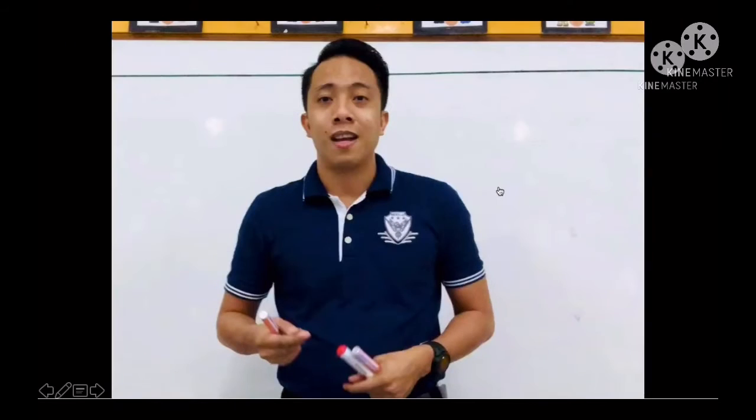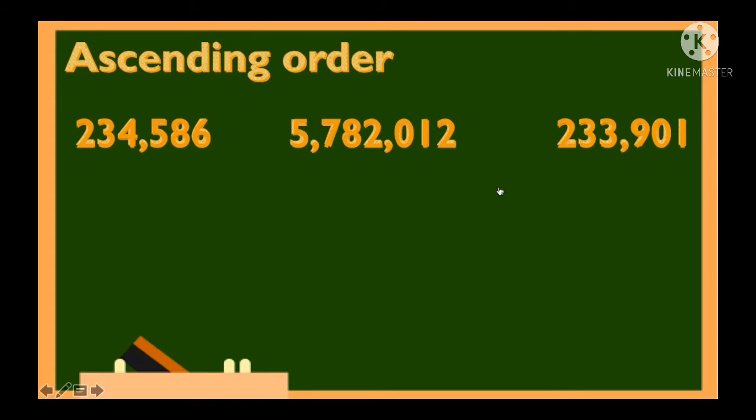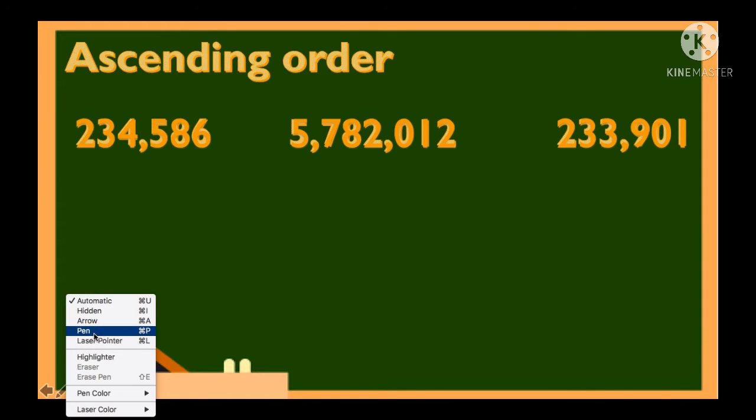Ready? Alright, thank you Teacher JP number 2. Now, let us have some examples about that one. First is in ascending order. So we have here 3 numbers and we need to arrange them according to ascending order.